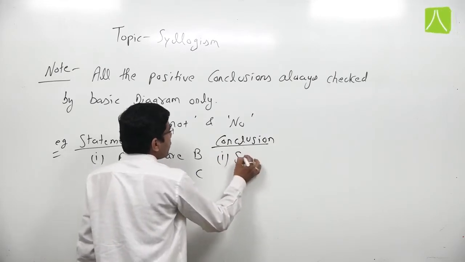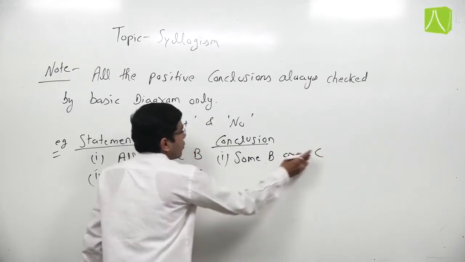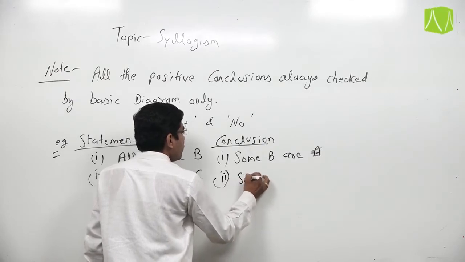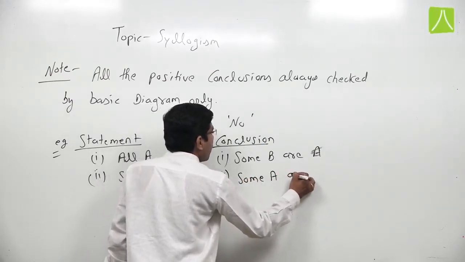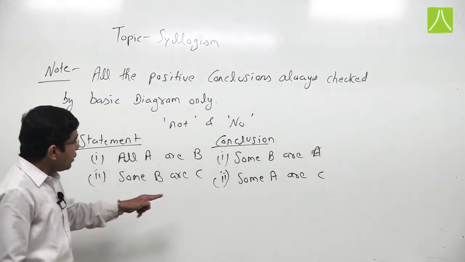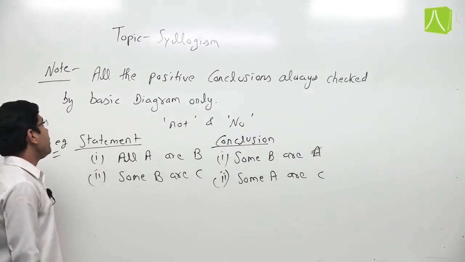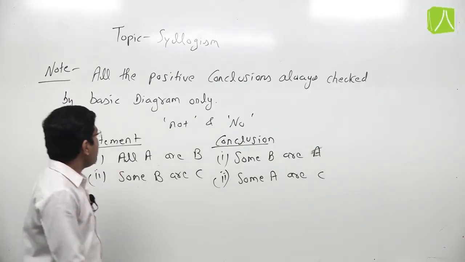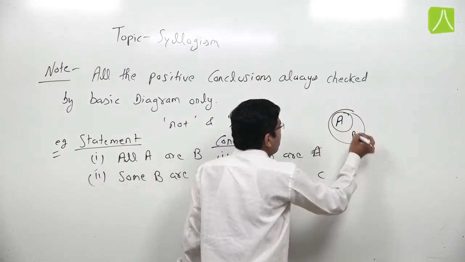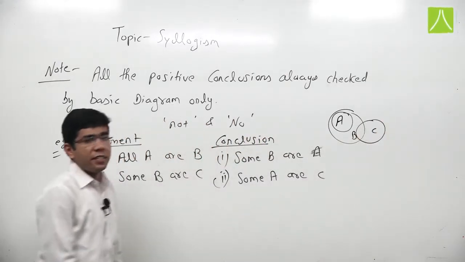First conclusion is some B are A, and second conclusion is some A are C. Now here we see that all the conclusions are positive, so we can use only basic diagram. For this question, our basic diagram is all A are B, and second statement some B are C. It is our basic diagram.